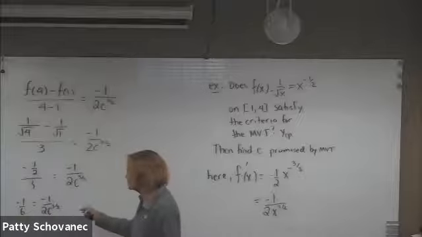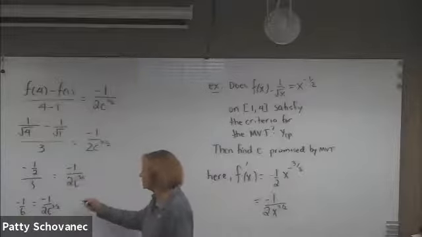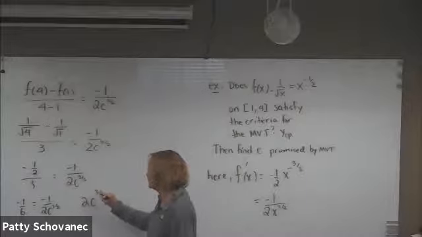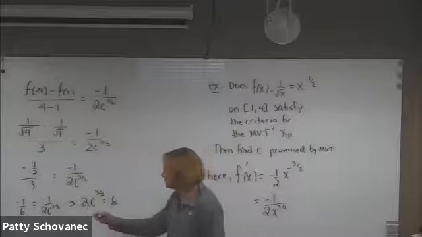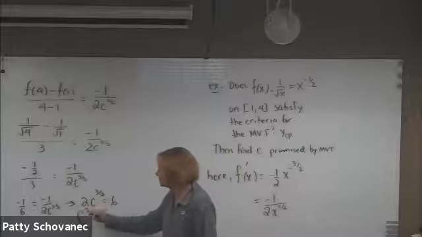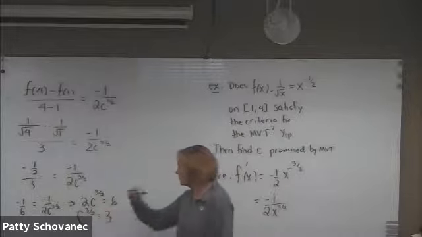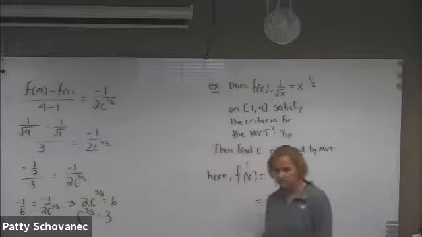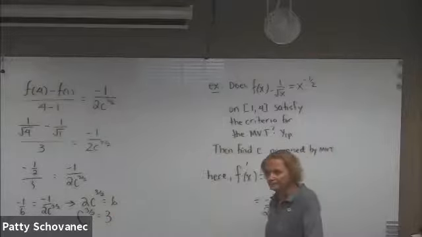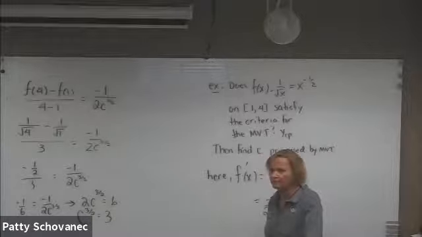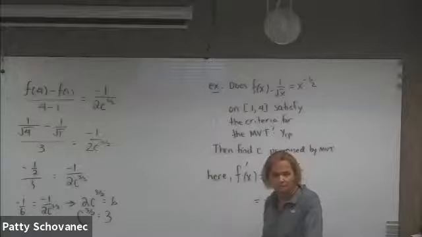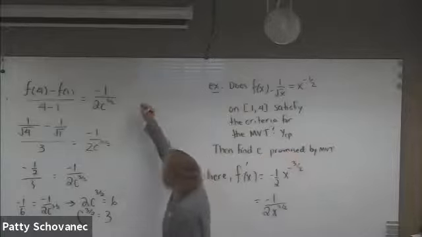Cross multiply here. Cancel the negatives. Gives you 2c to the 3/2 is equal to 6. Divide by 2. Now what? Give her that kooky power, square the three. Okay, square both sides.